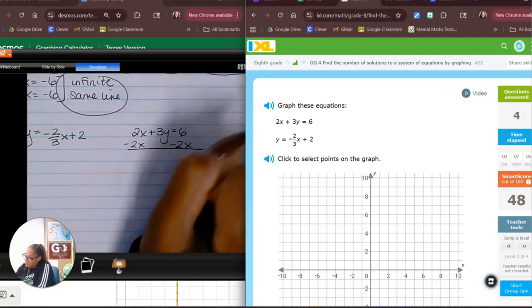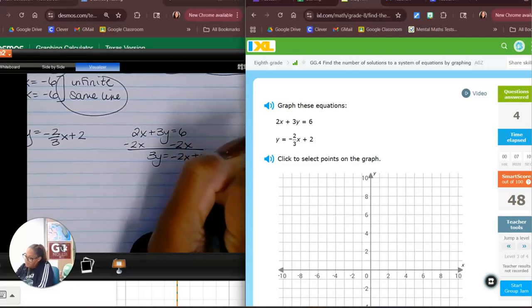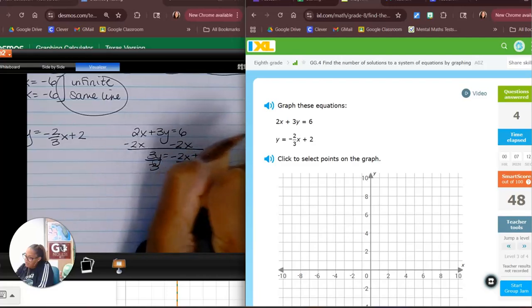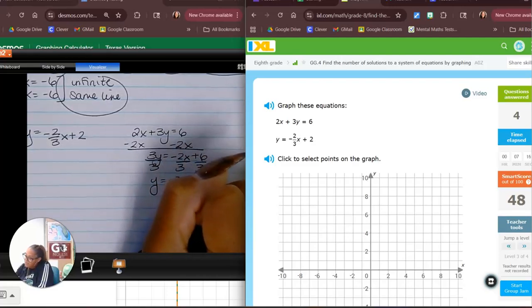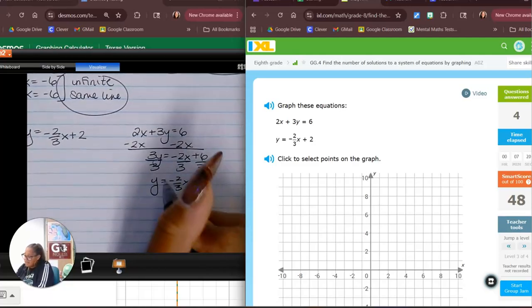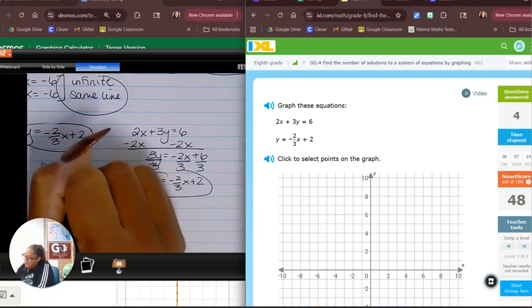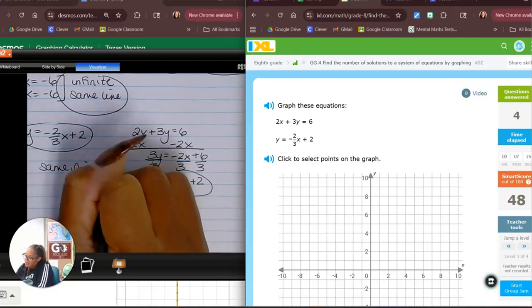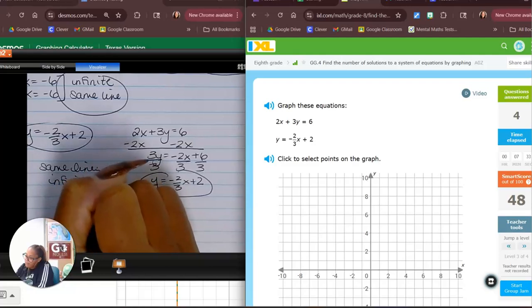We've been doing this for months now. 3y equals -2x plus 6. Divide by 3, divide by 3, divide by 3. y equals -2/3 x plus 2. Then I will realize that this is the same line. Same line. Therefore, they have infinite solutions.